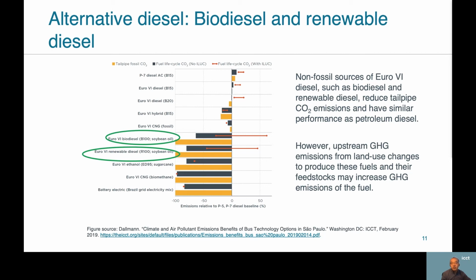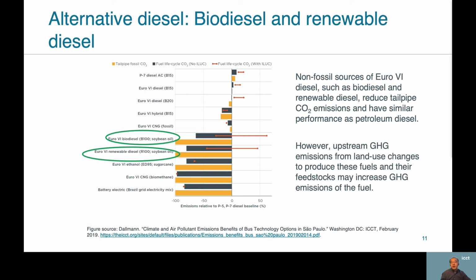There's also renewable diesel, which, like biodiesel, is not from fossil fuels, but from biomass feedstocks. They come from non-petroleum renewable resources, such as natural fats, vegetable oils, and cooking oil waste that can be turned into renewable diesel. The chemical properties of renewable diesel are more similar to petroleum diesel than those of biodiesel.